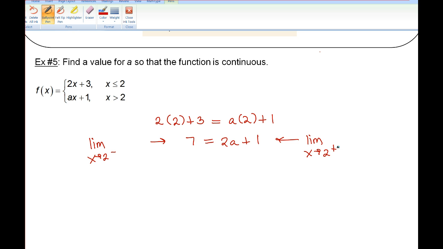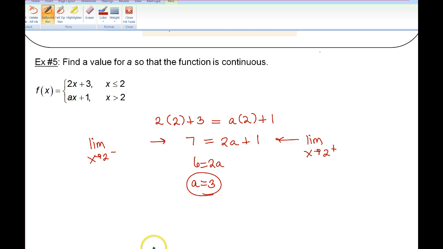That's what we need to have. And then we have a equals 3. And again, all you would need to do is put 3 in for A, graph it on your calculator, and you would be able to see that they match up. Okay.